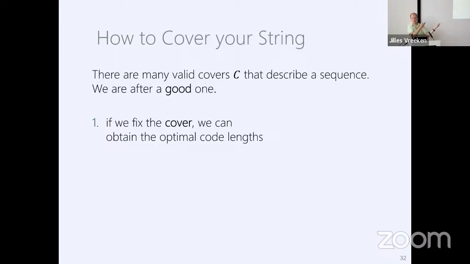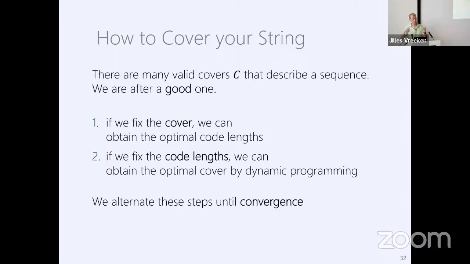I basically just gave you that magic in the previous slides. Now, given code lengths, be they optimal or not, we can find the optimal cover of the data efficiently using a dynamic program. We can actually find it very efficiently.